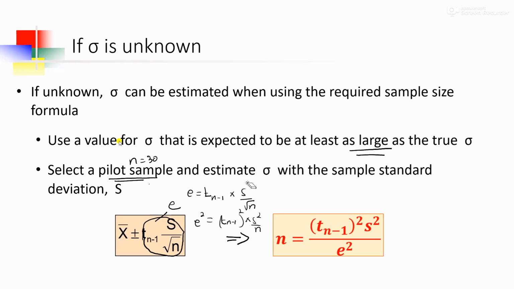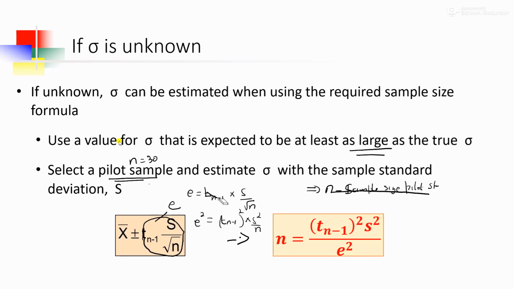The sample standard deviation, and also n is the pilot study sample size. Otherwise, if we are using the pilot study to estimate the sample standard deviation, then we can use even Z also.